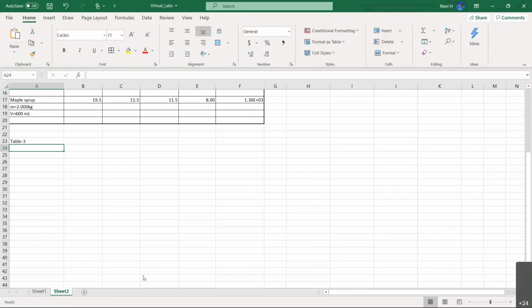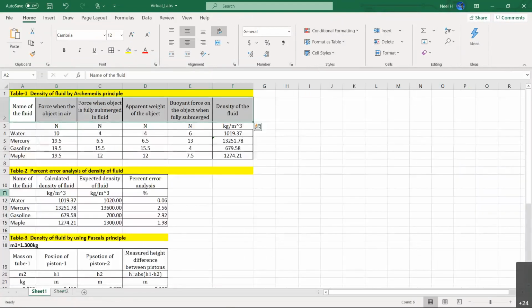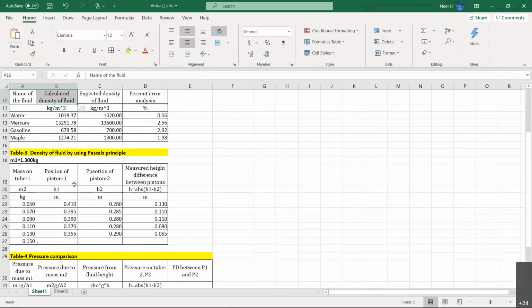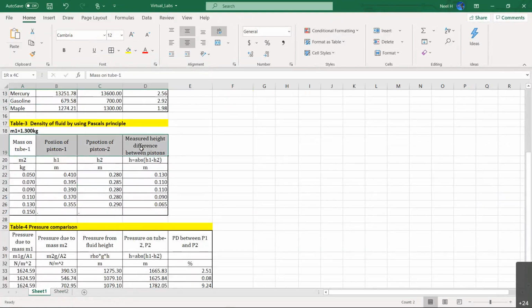You can set up that and then type those terms. I'm going to copy paste from my previous table. I already had the table here, so I need this information.